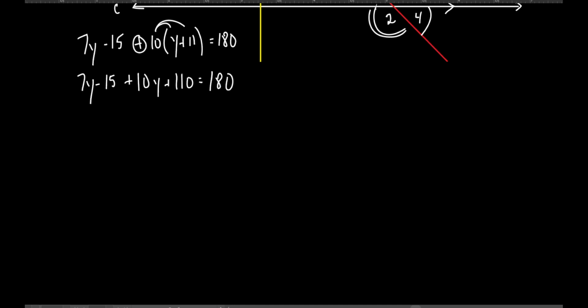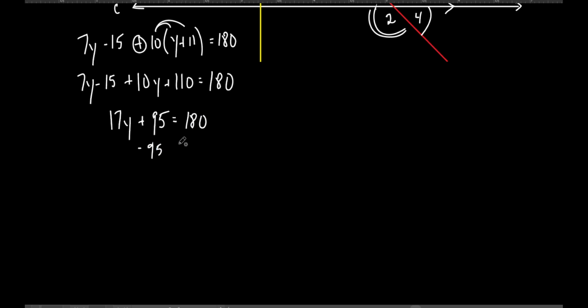Okay? Let's add like terms. I'm not going to take a lot of time just explaining all these steps. Just do them quickly. 7y plus 10y is 17y. Now, negative 15 plus 110, that's 95. So plus 95 equals 180. Now what do we do?